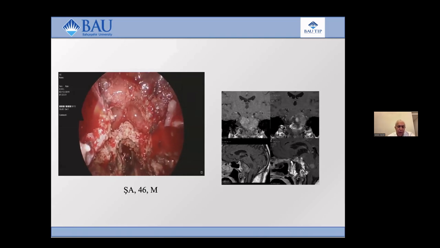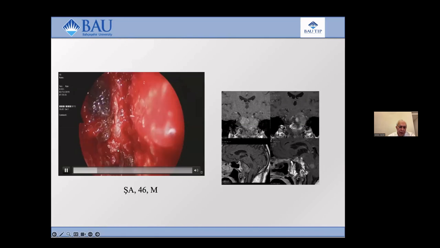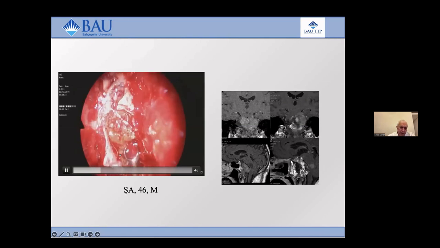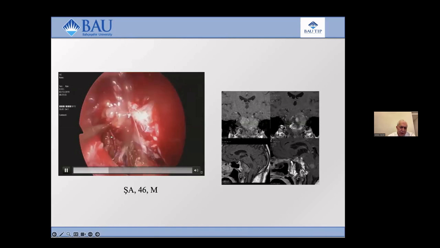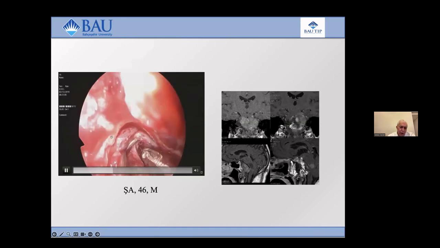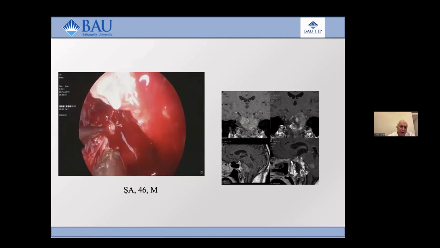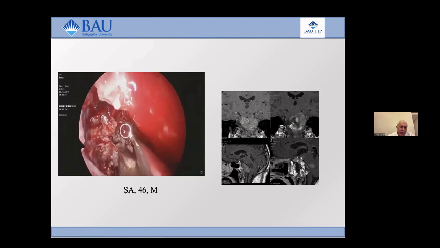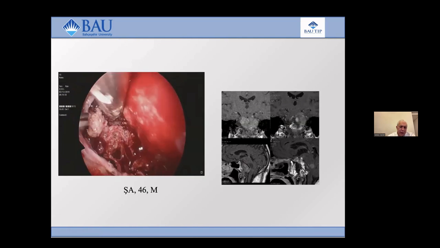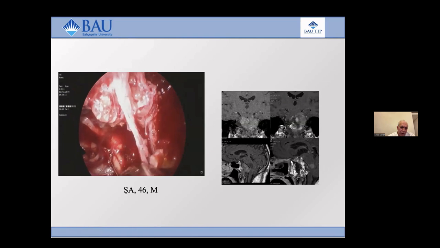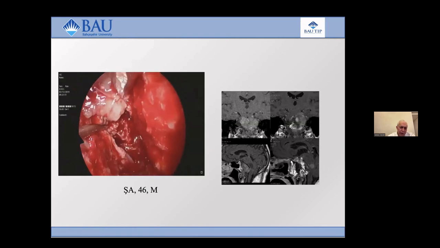The other case is one of the most difficult cases in our series, a huge intradural tumor. Firstly, we explored the clival dura, and then the clival dura was opened vertically, and then we explored the tumor. This adherent tumor was first dissected from the right side of the pons and medulla, then dissected and resected, and we explored the lower medulla, and you see the lower cranial nerves.